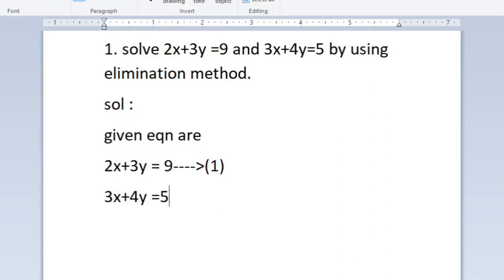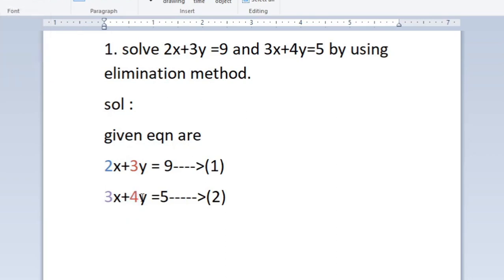It can be taken as second equation. So here both x coefficients are not equal. Okay. Then come to y coefficients. Here y coefficients are also not equal.